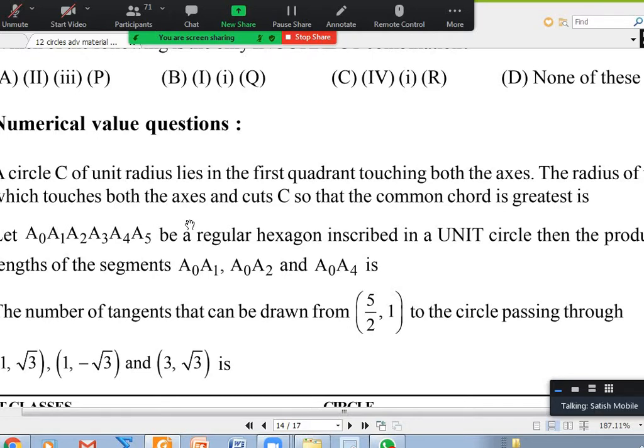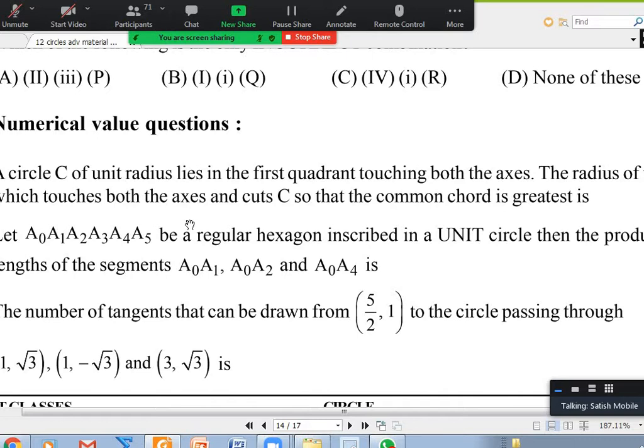This is also a very simple question. You just have to know whether the point is on the circle, inside the circle, or outside the circle to know how many tangents there are.